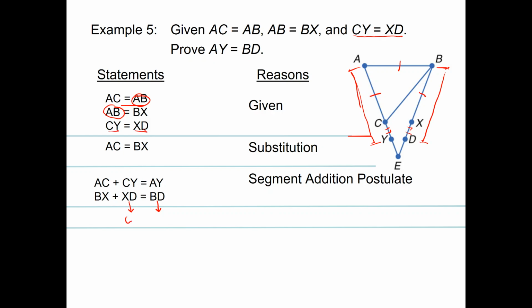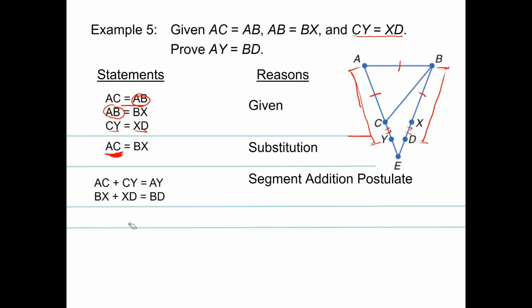So you're going to see a CY right there. The BD is going to get copied down. Now you'll also notice when I bring it down, my BX, I'm going to replace BX with AC. Now, I could have replaced BX with AB, but that doesn't help me because I'm looking for this guy. So I'm choosing the one here that's going to help me get there. All right, so that's where those are coming from on that substitution step.